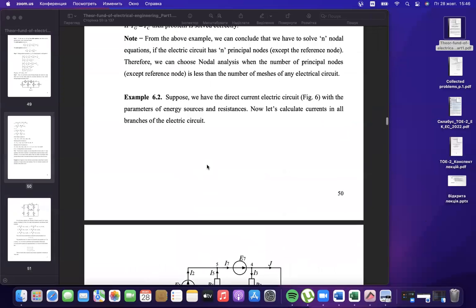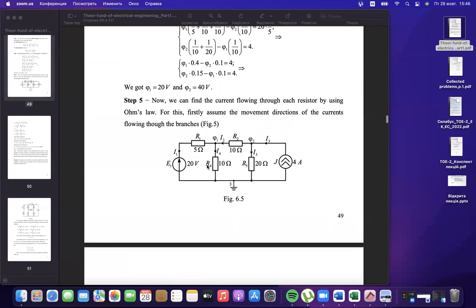Let's see this restriction for a more simple case. Let's assume, for example, that we don't have resistivity here. It will be the same situation, but okay.